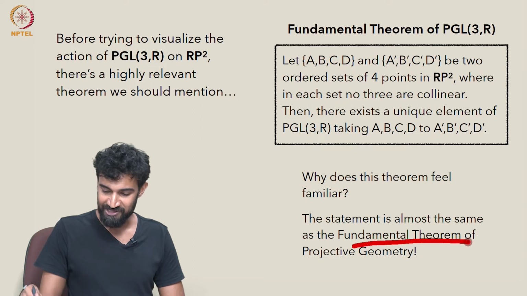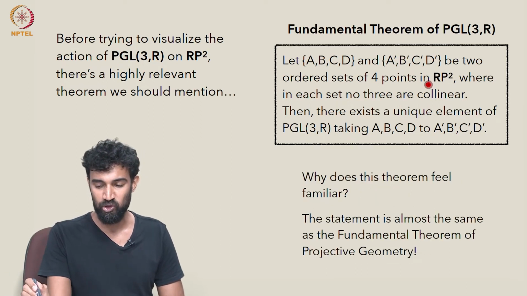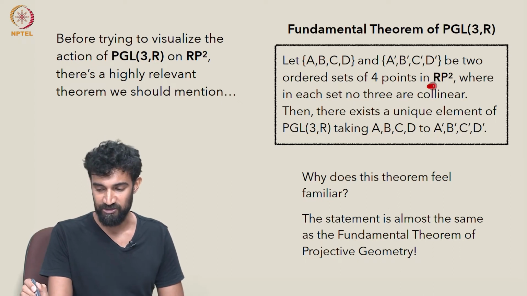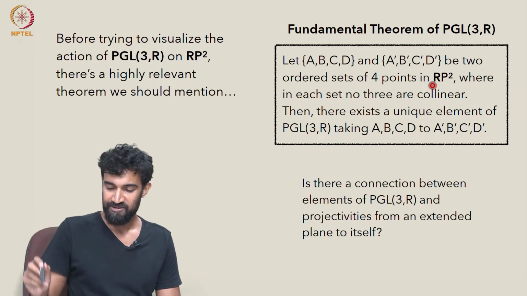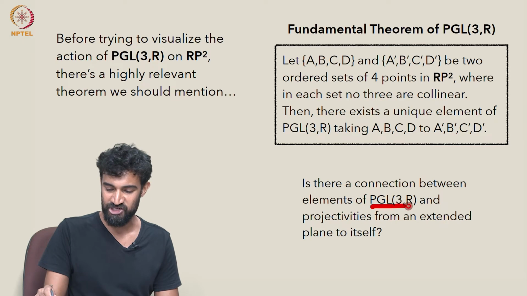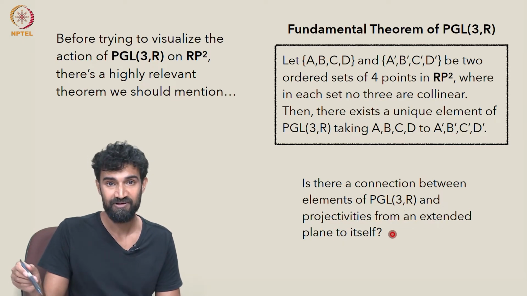Because remember, the fundamental theorem of projective geometry was almost the same statement, except we were looking at an extended plane in P3, not looking at RP2. So is there a connection between PGL3R and the set of projectivities from an extended plane to itself?